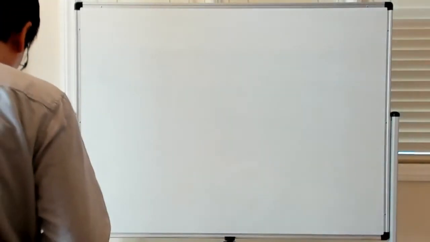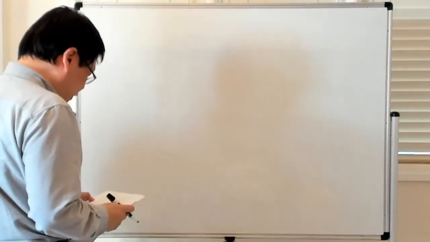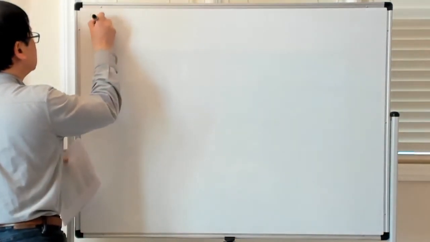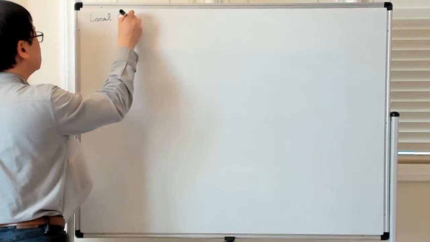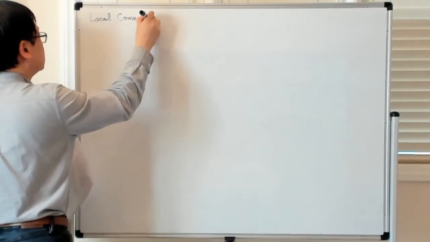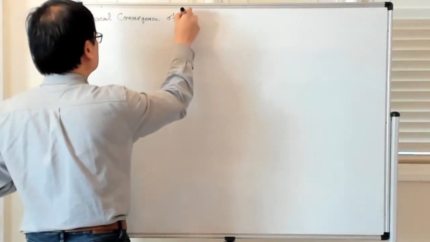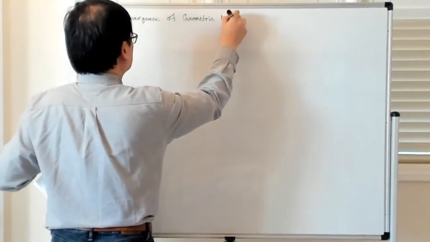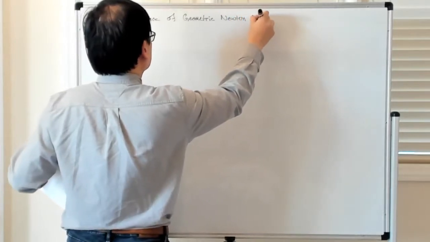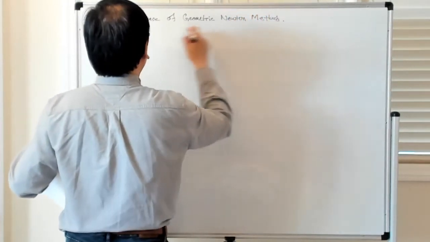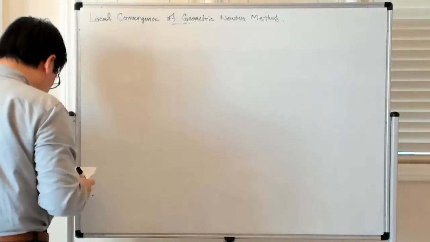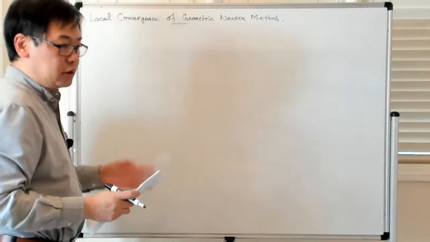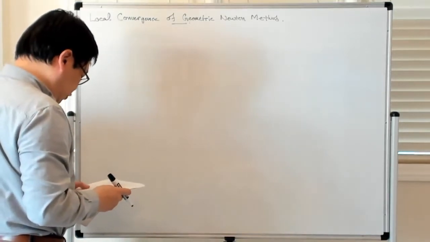All right, so now I'm going to prove local convergence of the geometric Newton method for vector fields. In particular, I'm going to show superlinear convergence, and in particular, at least quadratic convergence.